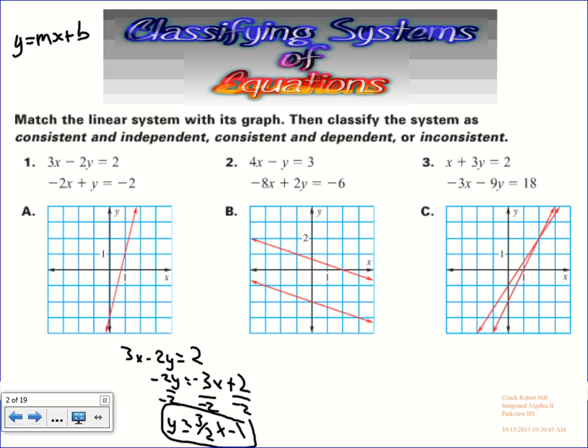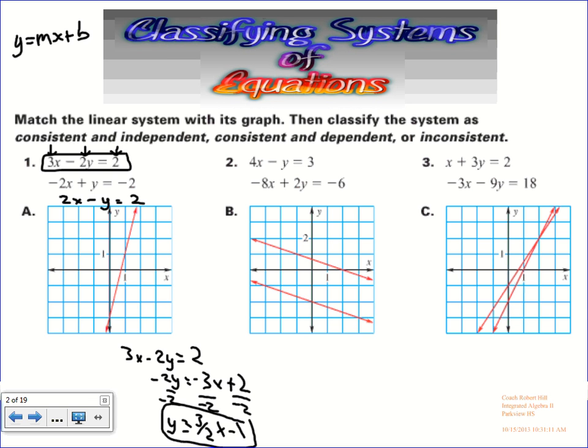I would hope that some of you recognize this equation right here as standard form. Be careful of that though, because remember, standard form is having all integers and a being positive. This second equation right here isn't in standard form until you get a to be a positive number.